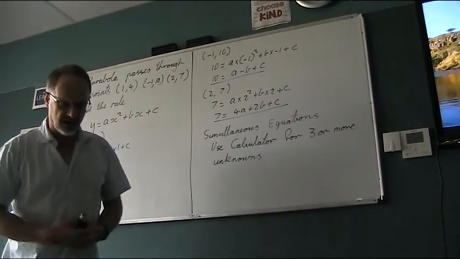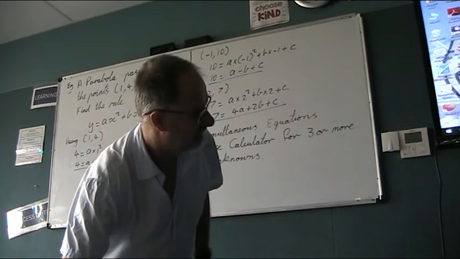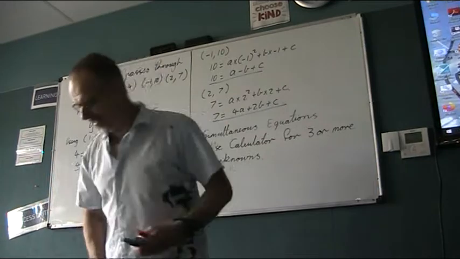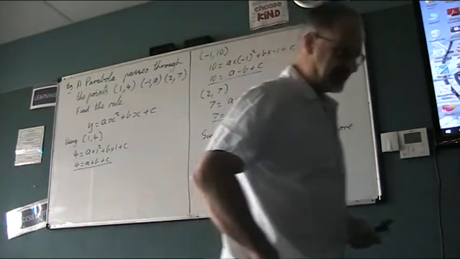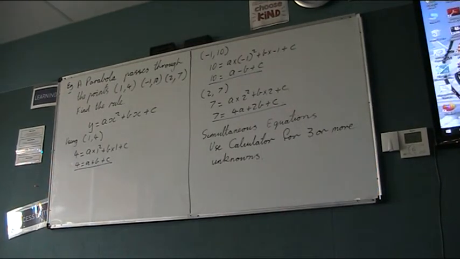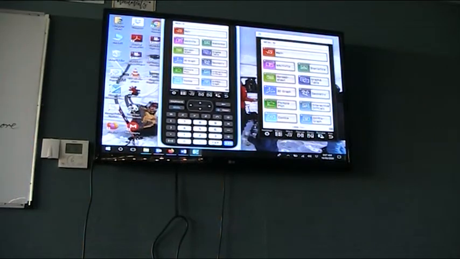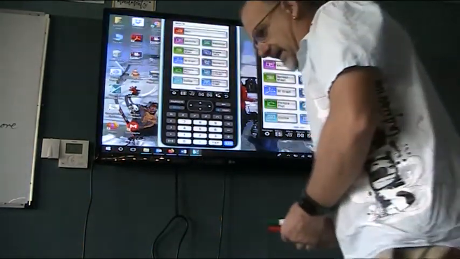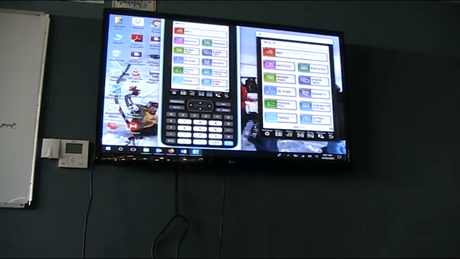Okay, so how do we do that? We go to our calculator. Now I need to adjust the camera. Here we go. Calculator. Now there's a few ways we can solve simultaneous equations.